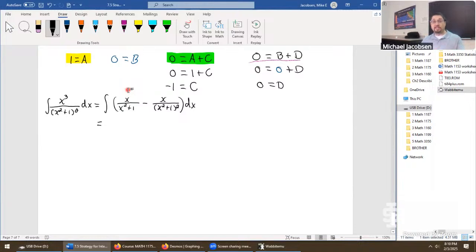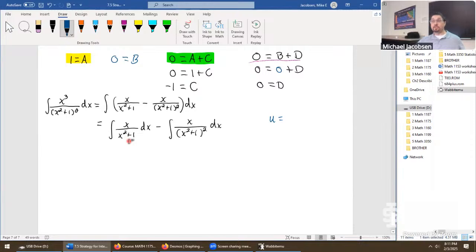Let's integrate x over x squared plus 1 dx minus x over x squared plus 1 squared dx. Again, it looks like the same substitution is going to work on both. That's kind of nice, unexpected.